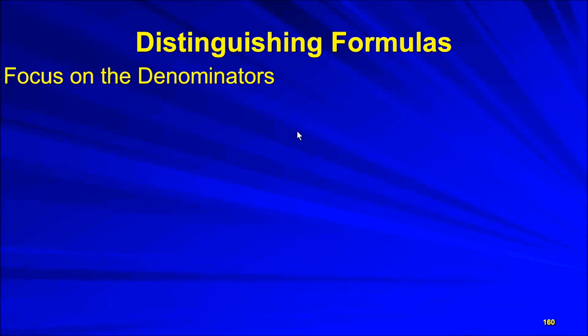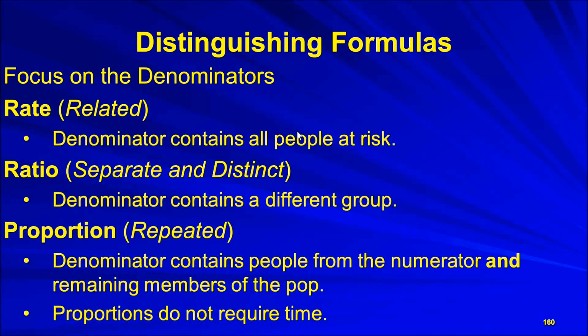Now, distinguishing formulas. Focus on the denominators. Okay? I want to talk about these three, and I want to talk about the key operative term. Everything that's in parentheses is a key operative term. This is the best way to learn what each of these terms mean, and they are not synonymous either.